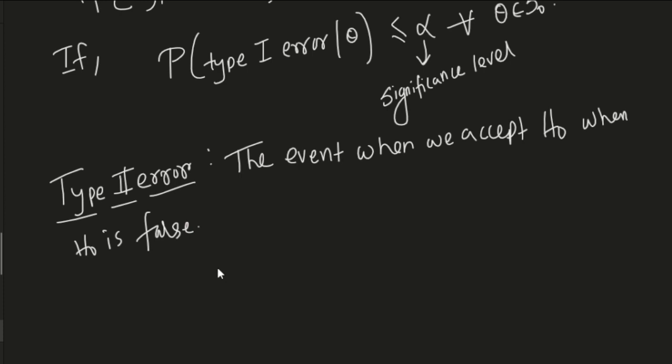So this is also a type of error, and we can also call it beta of theta. It is usually denoted by beta, so you can write beta of theta, where theta is the parameter of the test statistic.